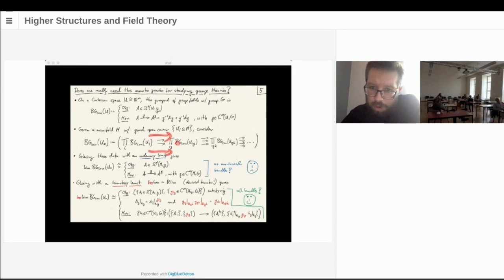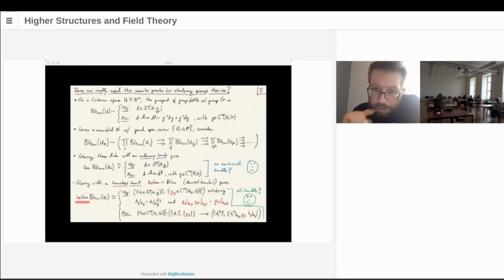So it's like a kernel. The kernel would be a single map, and you compare it to 0. So when one of those would be the 0 map, it's a kernel. So you take objects in here, satisfying the condition that they map to the same here. And this is why we get here global gauge potentials. Here you have locally defined gauge potentials, such that the restrictions coincide, which means that it is a globally defined form.